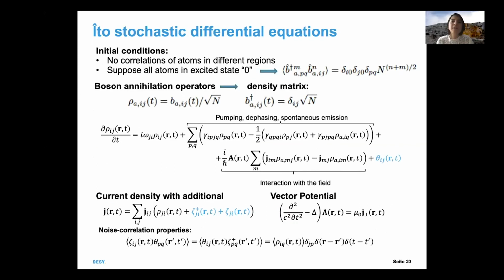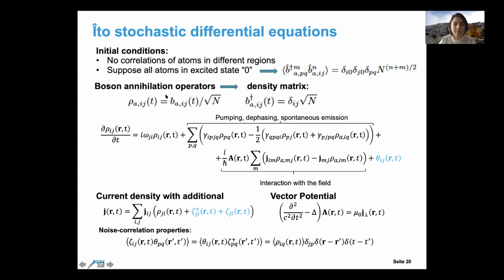One can then also rewrite them in a form that is closer to the observables and to the physical properties we actually know. We need to define initial conditions for the bosonic operators and for these trajectories. So we suppose that we initially have no correlations of the atoms in the different regions, and that all atoms are initially in an excited state.